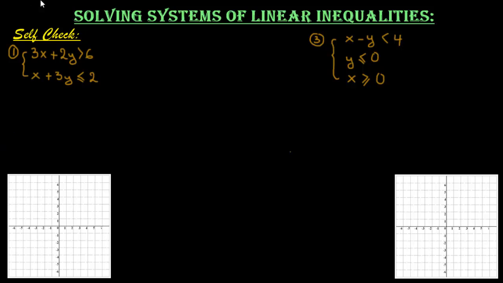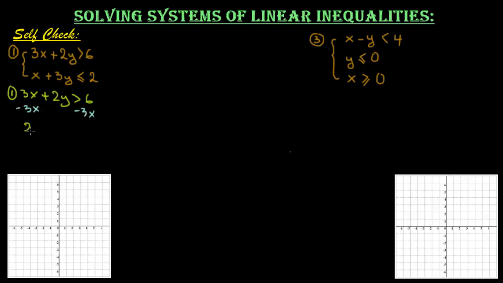To graph the system of inequalities, I have to graph each of them one by one. I will pick the first inequality: 3x plus 2y greater than 6. To graph this one, I need to isolate y and get it in slope-intercept form. So we subtract 3x on both sides.